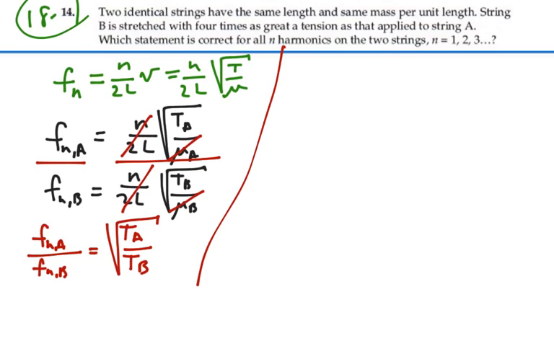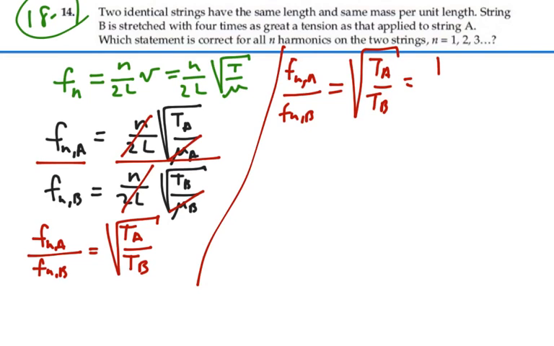I can write this then as the ratio of the frequencies in A to the frequencies in B is equal to the square root of the tension in A to the tension in B. But we're told that B is stretched with 4 times the tension as that applied to A. So this would be equal to the tension in A, and the tension in B is 4 times the tension in A, all this square root.